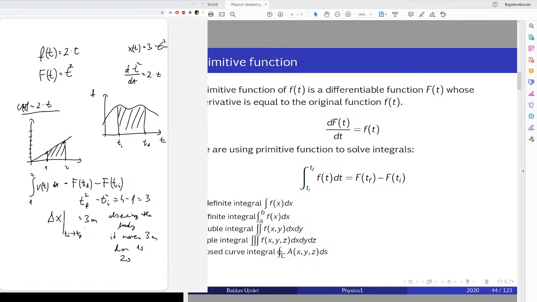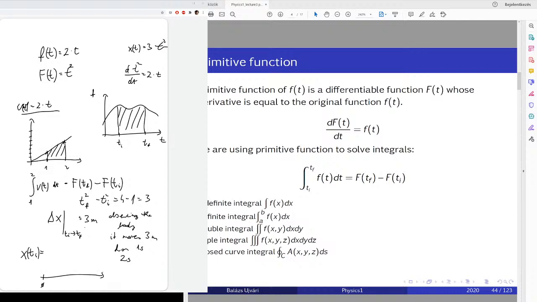This is the displacement. How can I determine where the body is right now? I always need to know where the body was at the initial position. So this is the so-called boundary condition. So this is my x-axis.